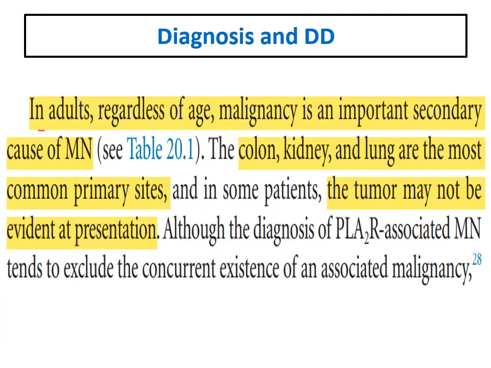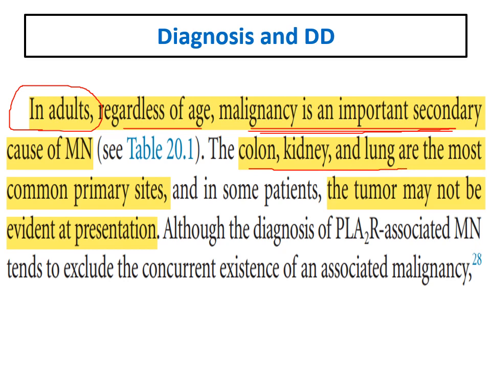In adults, regardless of age, malignancy is a very, very important and very common cause. The most common GN associated with malignancy is membranous. The most common associated malignancies are cancer colon, renal cell carcinoma, and lung cancer. Another very important note: the tumor may not be evident at the time of presentation.